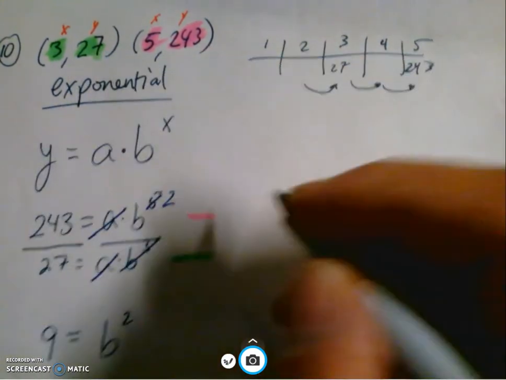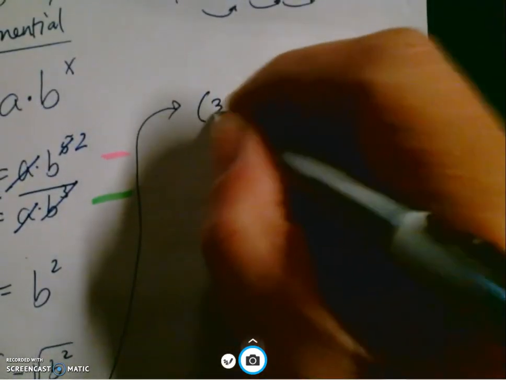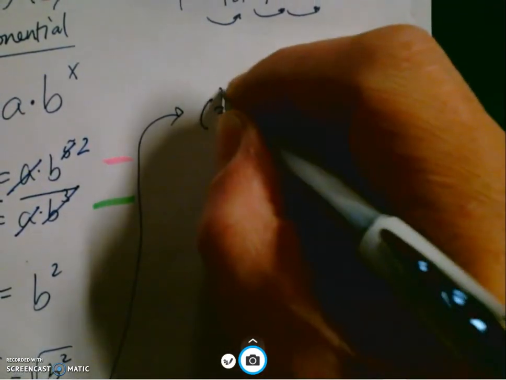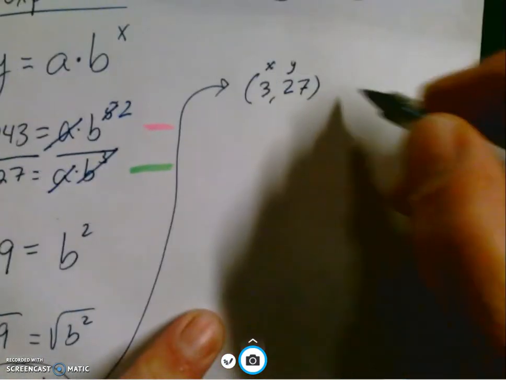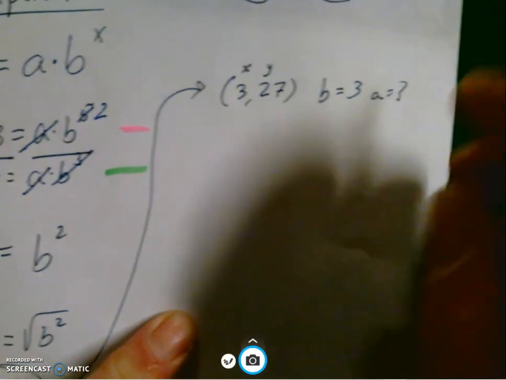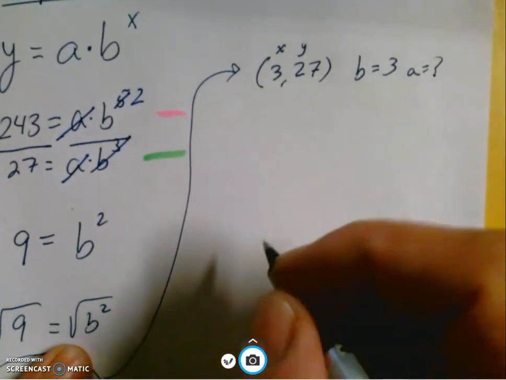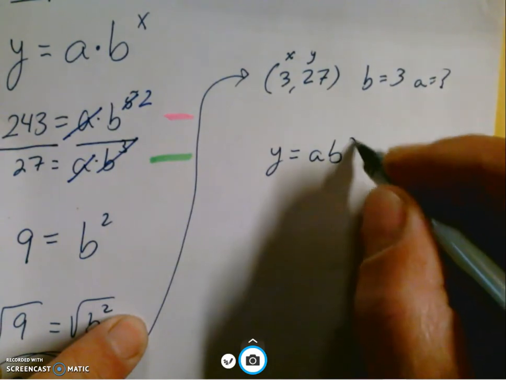Now we've got to plug it back into one of these. You can use either the green numbers or the pink numbers. I'm going to use the 3, 27. That was given. That was our x and y. We know that b equals 3, and we're looking for a. We're going to use that equation from the beginning again: a times b to the x.